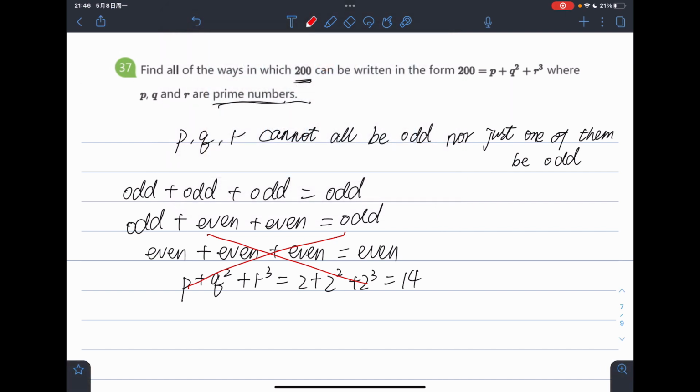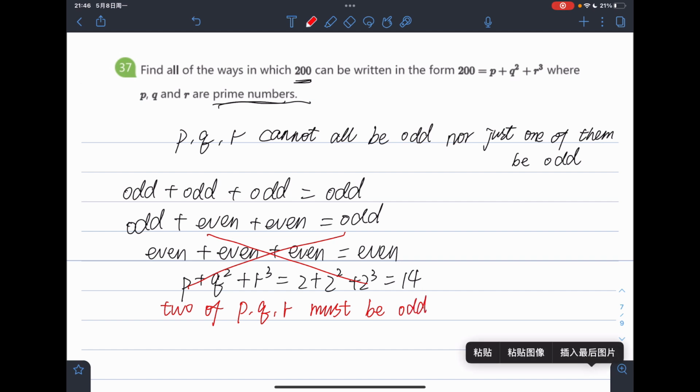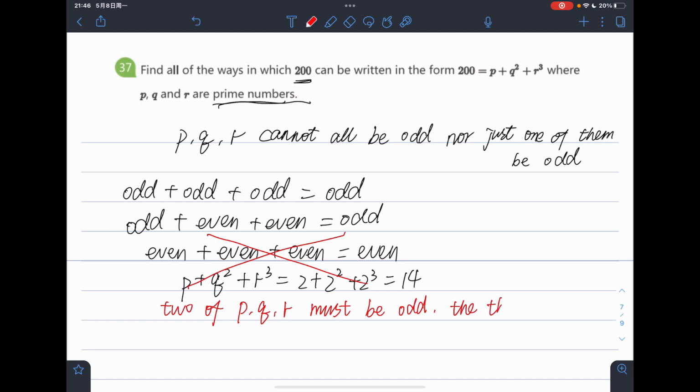So it shows that two of p, q, r must be odd, and the third one must be 2.